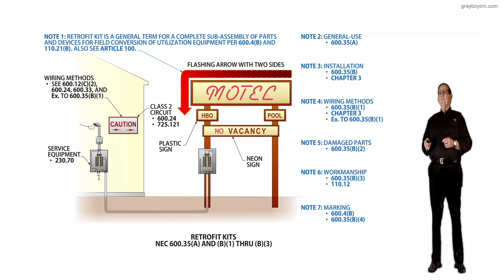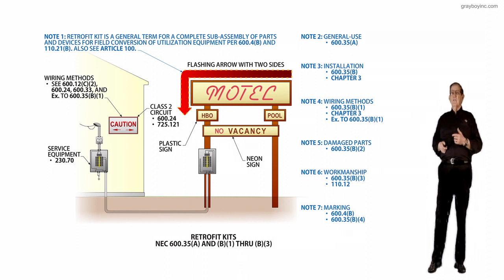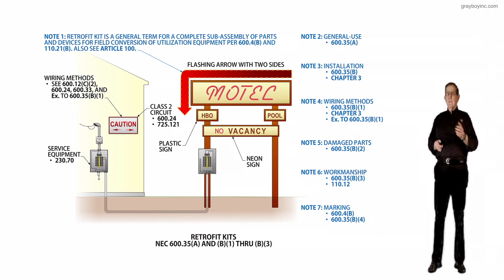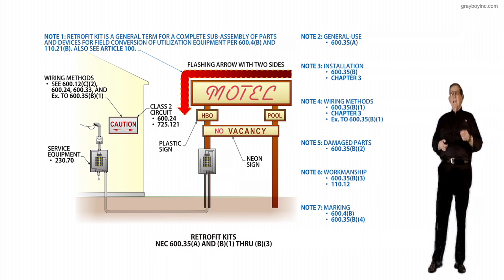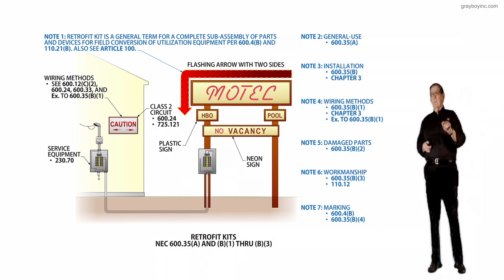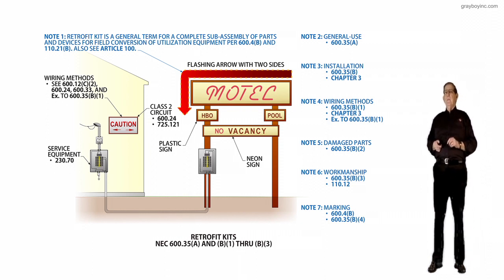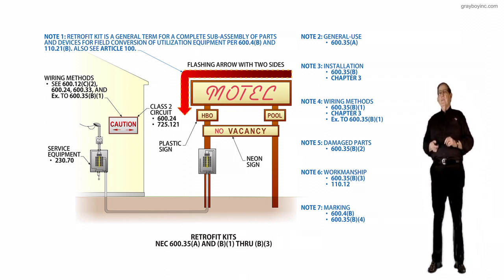Now the wiring methods are addressed in Note 4, and notice the title of the heading of this callout is wiring methods. First bullet, 600.35(B)(1), along with the second bullet, Chapter 3, plus the exception, now 600.35(B)(1) deals with the wiring methods that can be used to wire in the sign.